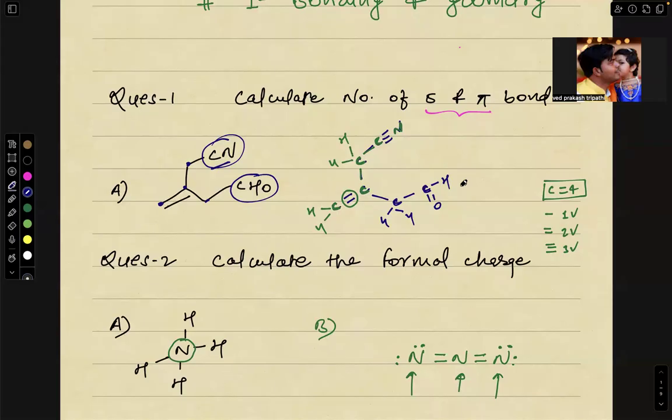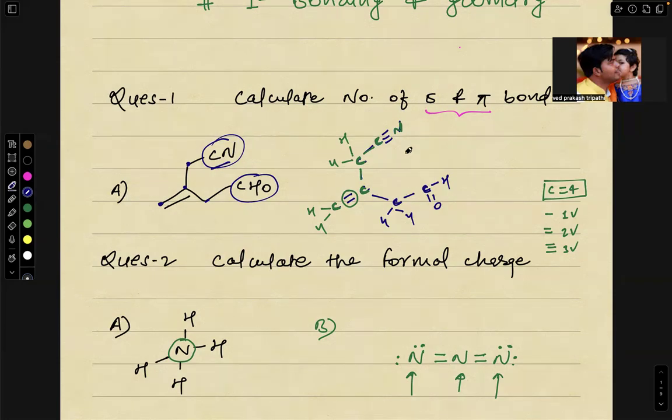So the pi bonds are very clear. Let me know how many pi bonds are here.